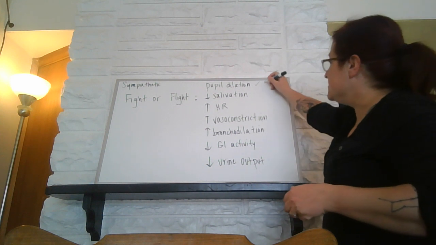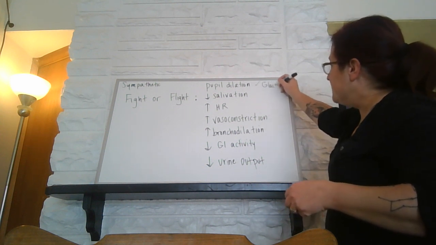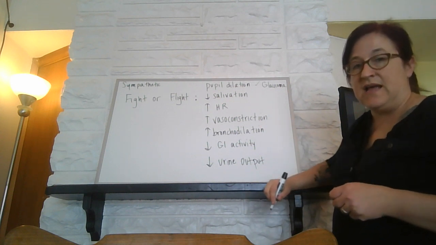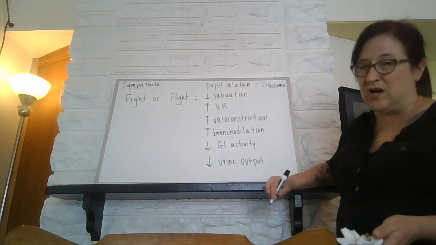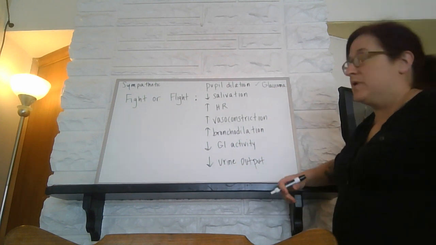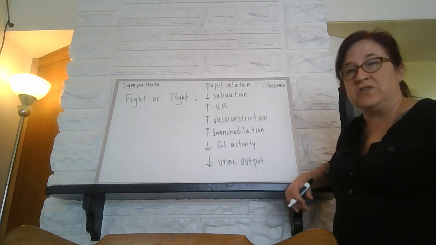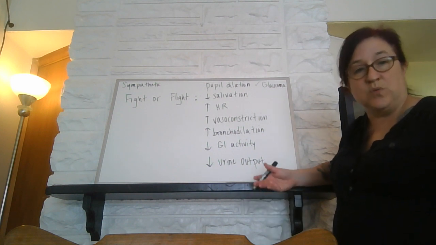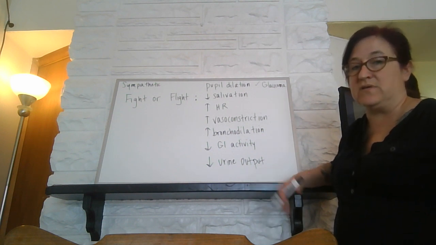The other condition that we would have to worry about or tell people not to take the medication is glaucoma. So we haven't really talked about that, and I don't know if you've talked about it in other classes, but glaucoma is a condition in which the pressure in the eye increases and puts so much pressure on the optic nerve the person can go blind.